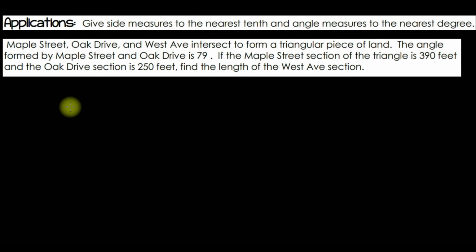So here Maple Street, Oak Drive, and West Avenue intersect to form a triangular piece of land. So I'm going to sketch that triangular piece of land. Okay, so here you have Maple Street. So this is Maple Street. Okay, and then you have West Avenue.